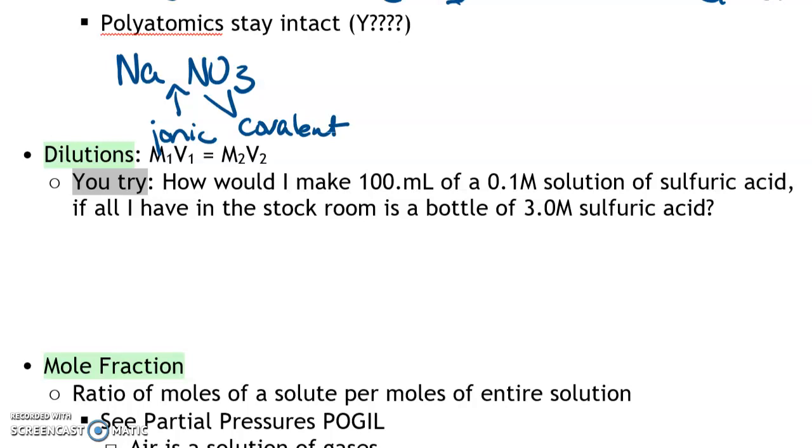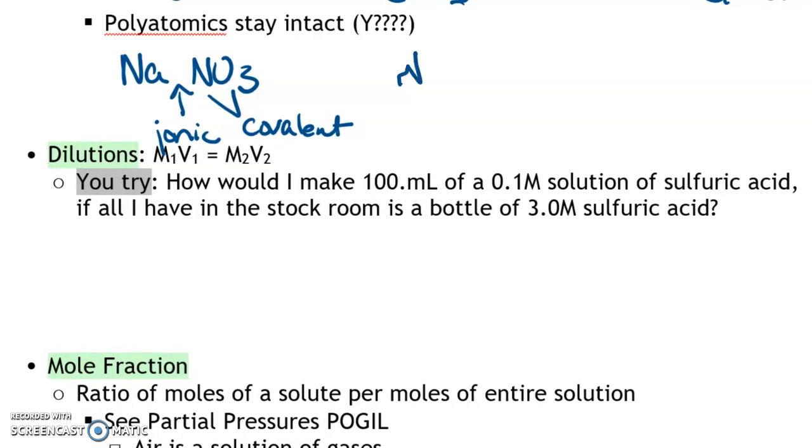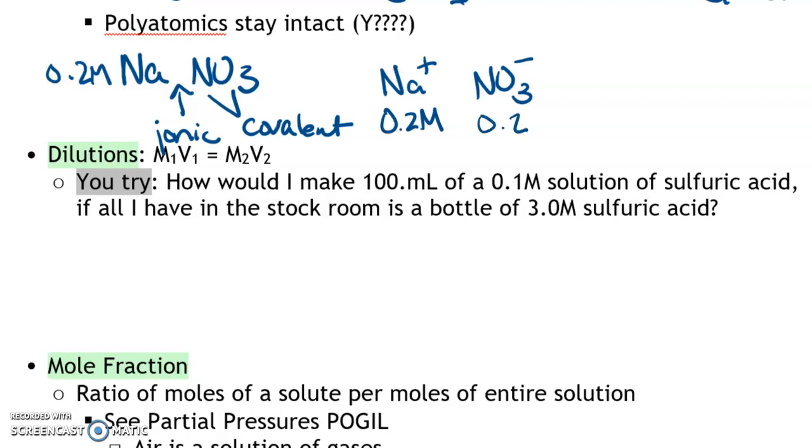So when you dissociate that into its particles, you have sodium ions, and then your nitrate ions stay together. So if you had a 0.2 molar concentration of sodium nitrate, you would have 0.2 molar sodium ions in solution and 0.2 molar nitrate ions in solution.